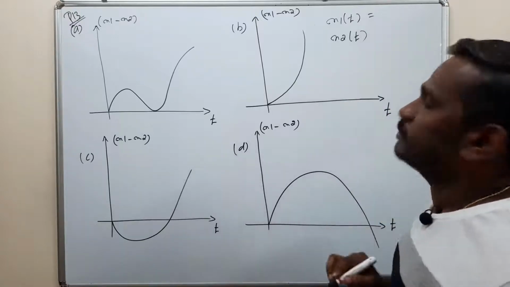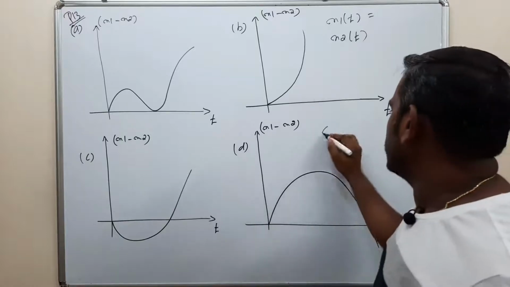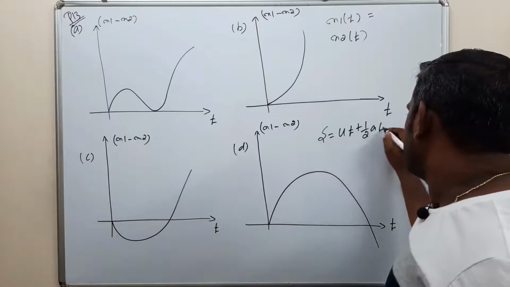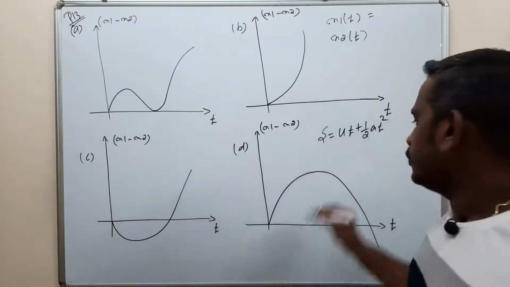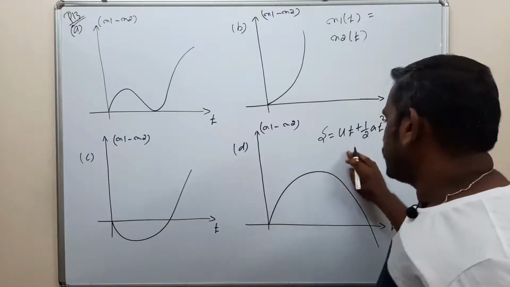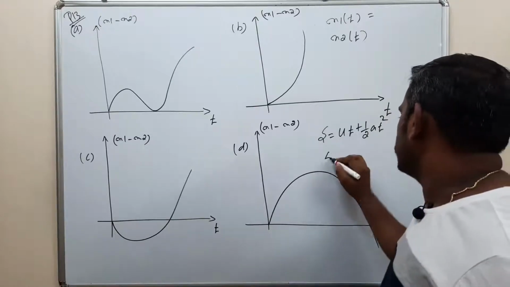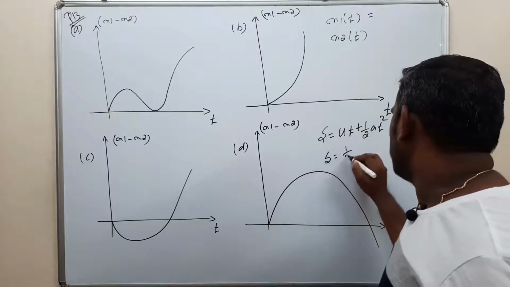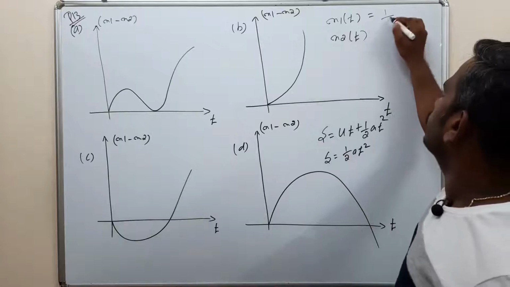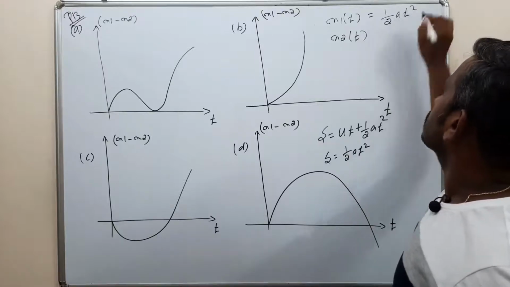So the position of the body we can find with the equation s is equal to ut plus half at square. The body starts from rest, so the initial velocity is 0. So the position of the first body is s is equal to half at square. So x1 of t is equal to half at square.